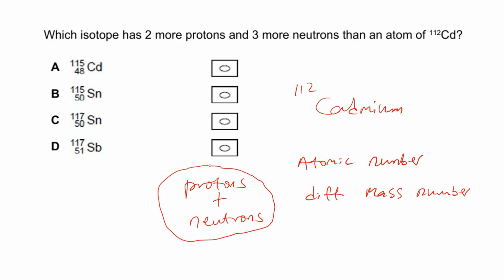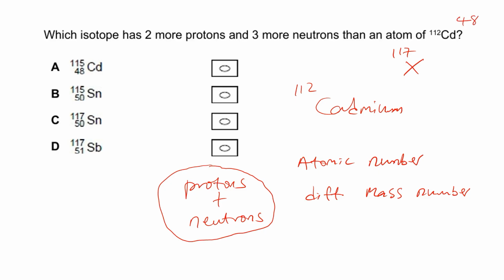All right, so now we have cadmium 112. If you add 2 more protons and 3 more neutrons to cadmium 112, we have an isotope of X that is 112 plus 5, that will be 117, right? Now what is the atomic number of cadmium? What is the number of protons of cadmium? Cadmium has 48 protons.